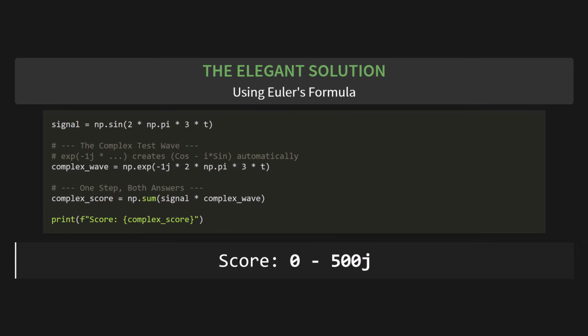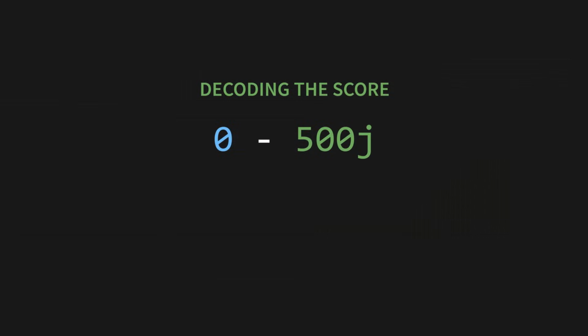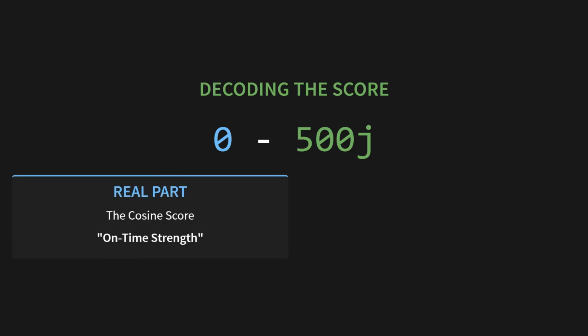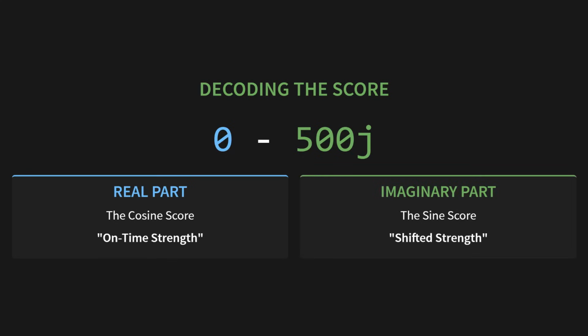Now, what on earth does that mean? Let's decode the score. That single complex number, 0 minus 500j, gives us the complete picture instantly. The real part, the 0, is the cosine score. It's the on-time strength. And the imaginary part, the minus 500, is the sine score. It's the shifted strength. It's the exact same information we got from our clunky 2-test machine, but it's packaged perfectly into a single, elegant number.